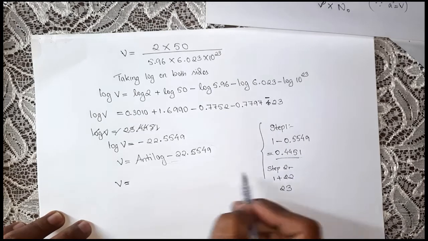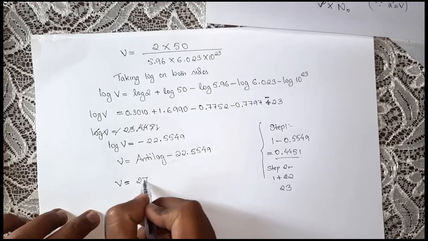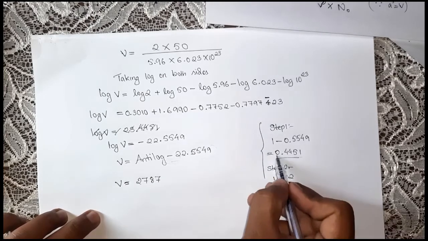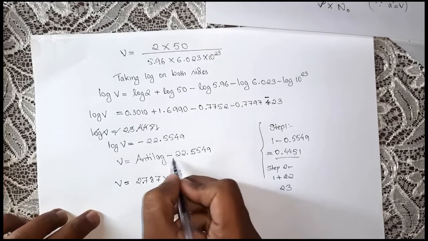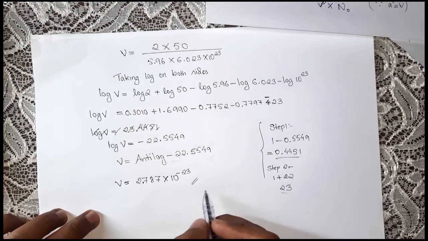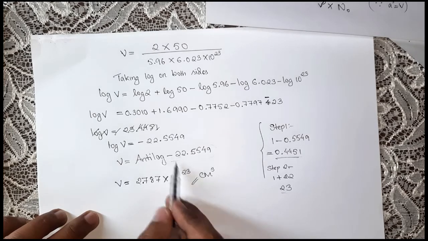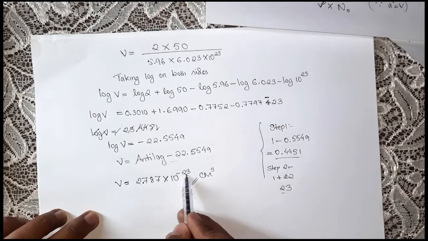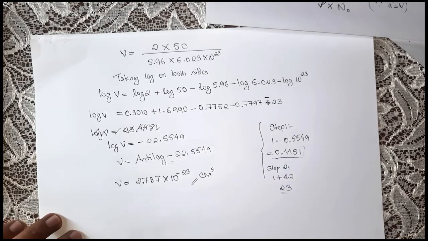If you take the antilog of 0.4451, you will have 2787. Since it is 0 point, you can put the point after the first number and then into 10. Since it is negative, you put minus 23, so 10 to the power minus 23. This will be your volume, in centimeter cube: 2.787 into 10 to the power minus 23. So this is how you're going to calculate the volume.